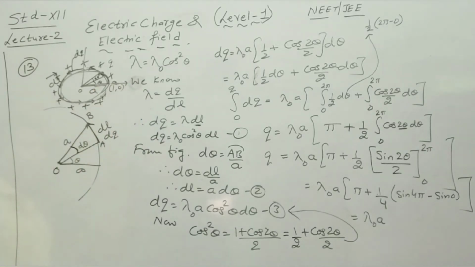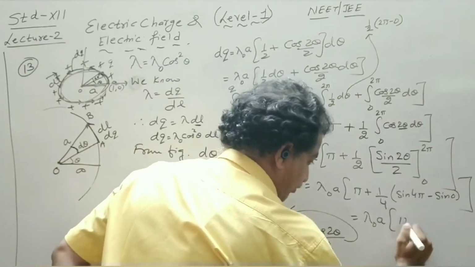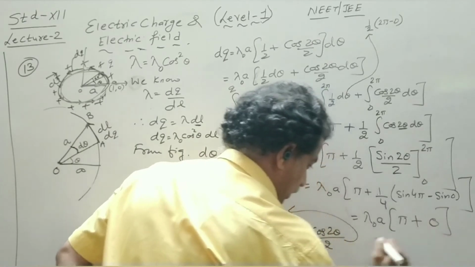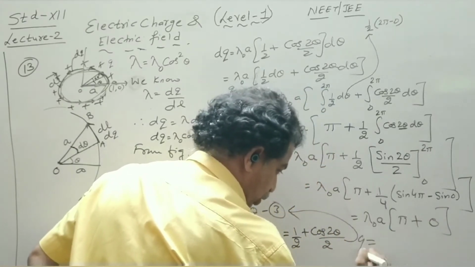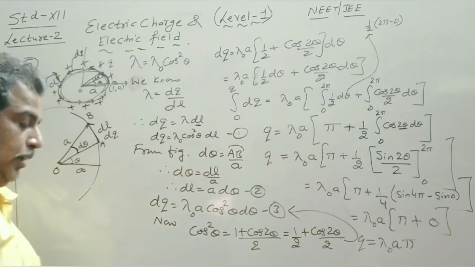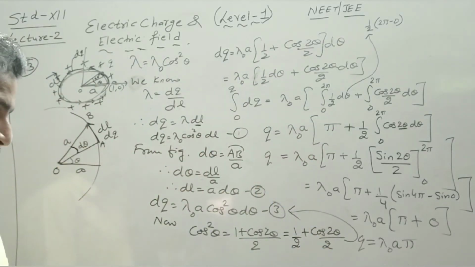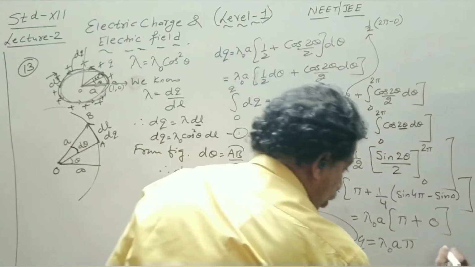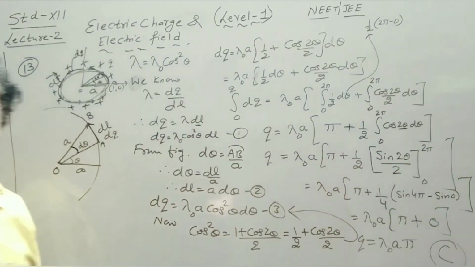So sin 4 pi is 0 and sin 0 is also 0. So you are left with pi plus 0. And therefore Q is equal to lambda naught A pi, which is option number C. So our answer is lambda naught A pi.